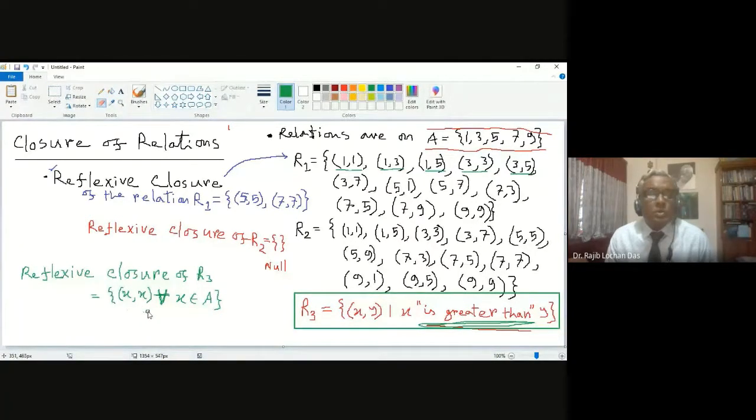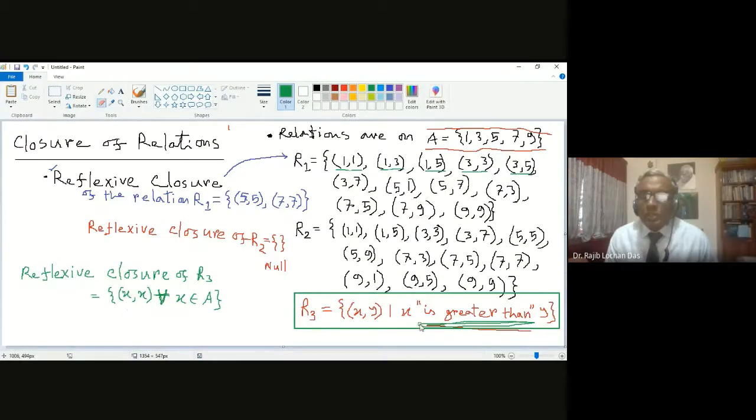Yes. I have shown this example because R1 and R2 are straight lists of elements, and R3 is not a straight list of elements. This is a condition based relation.